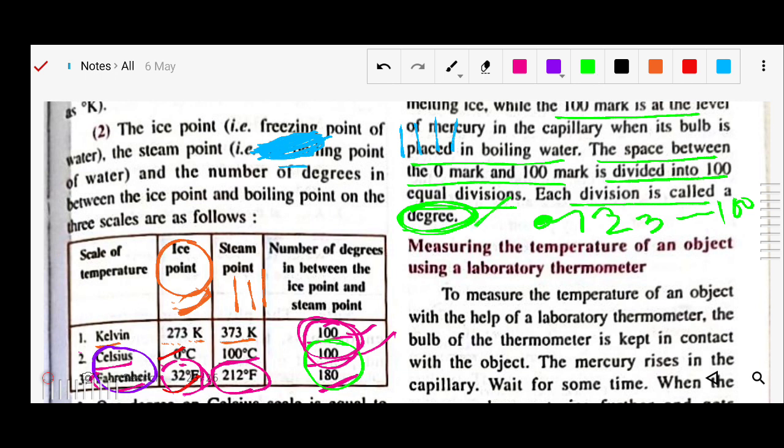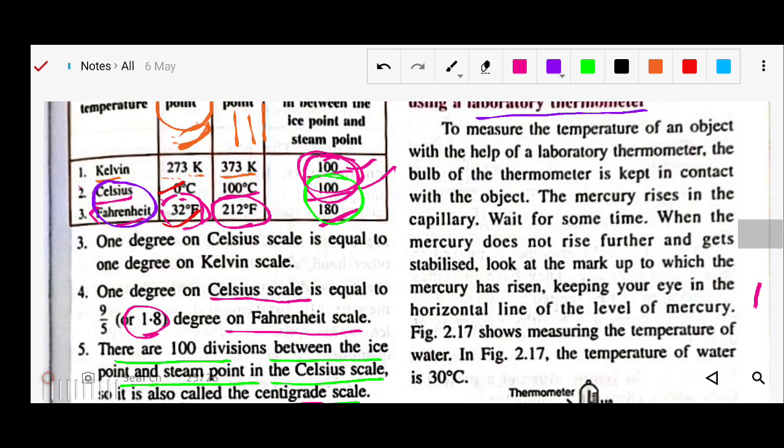Next part is measuring the temperature of an object using a laboratory thermometer. How will we use it? To measure the temperature of an object with the help of a laboratory thermometer, the bulb of the thermometer, the starting portion of it, is kept in contact with the object. The mercury rises in the capillary.